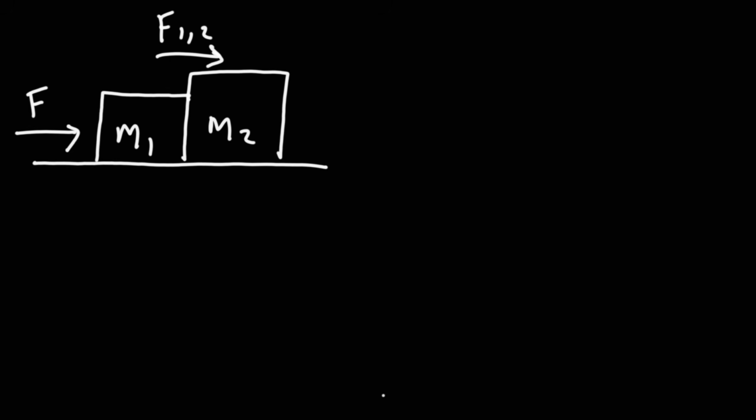But how do we calculate this contact force? Here's a simple formula that will explain how to do it. So this force here is responsible for pushing box 2 to the right. That force is going to be the mass of box 2 divided by the total mass times the applied force.